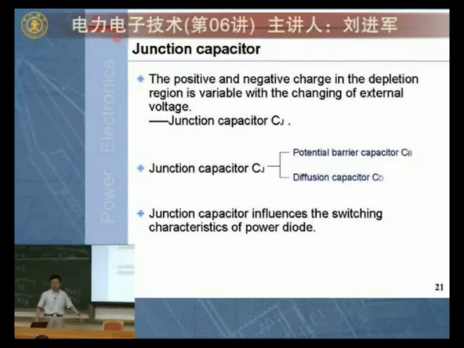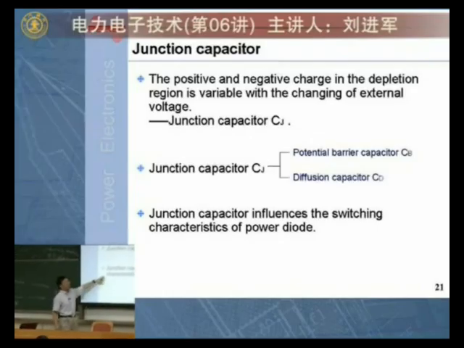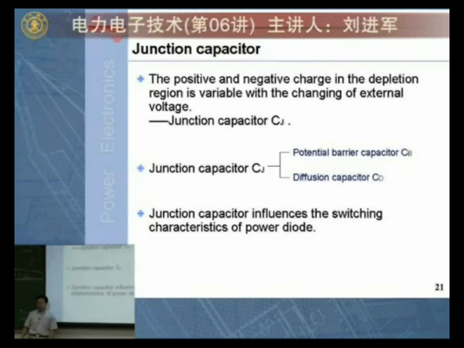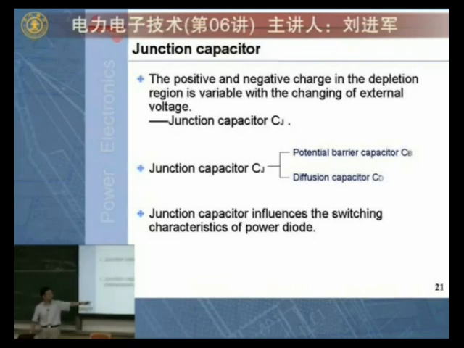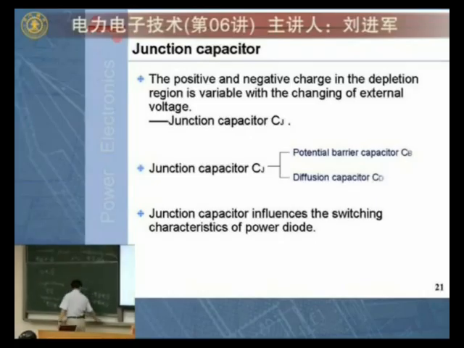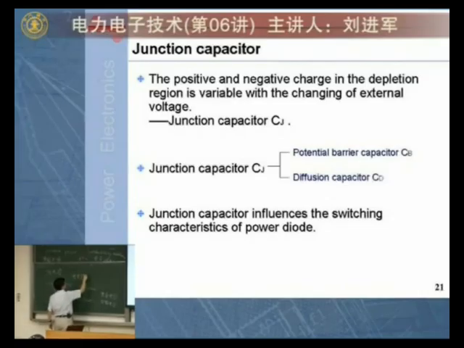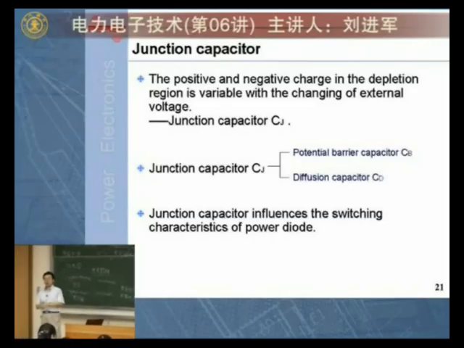And the reason we want to mention this is that when you have a capacitor, that usually affects your switching characteristics.